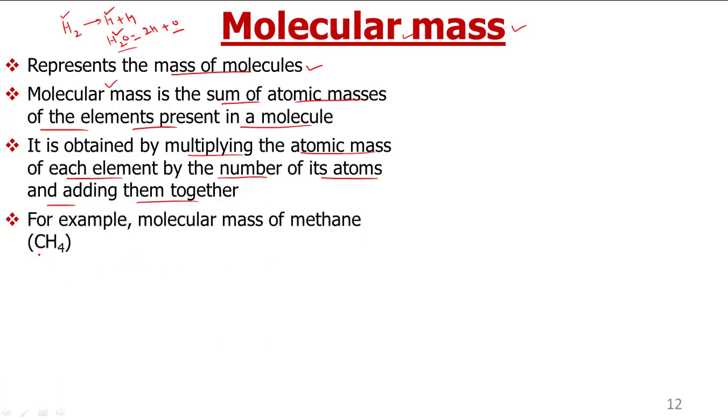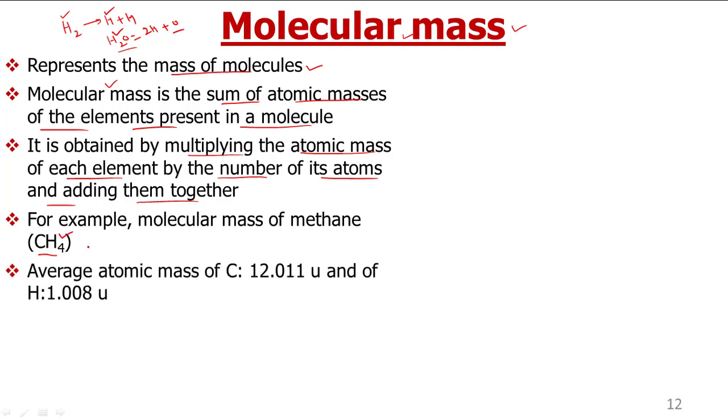Suppose we have to calculate the molecular mass of methane, which has the formula CH4, and we are given the average atomic mass of carbon as 12.011 U and for hydrogen 1.008 U. Now, it is obtained by multiplying the atomic mass of each element by its number of atoms. First, let us do carbon. In methane, we have only one atom of carbon.